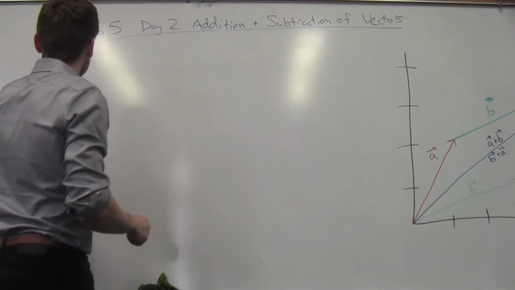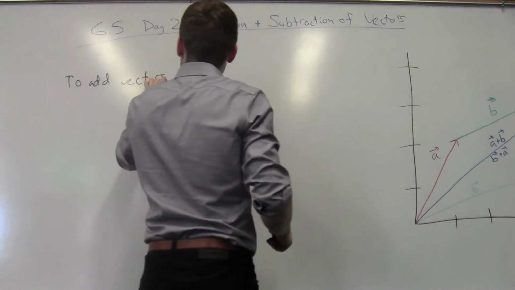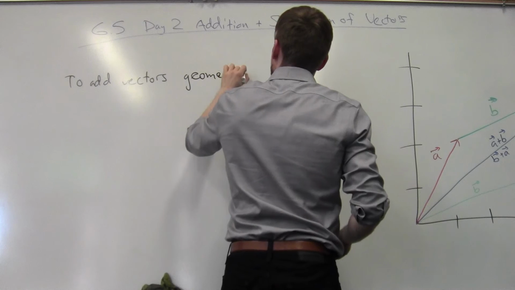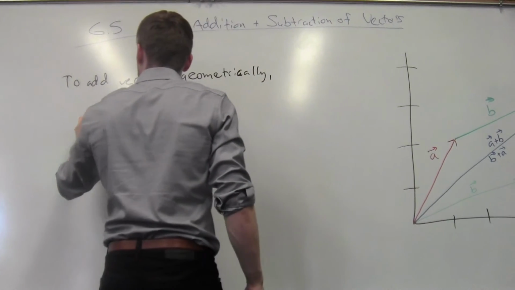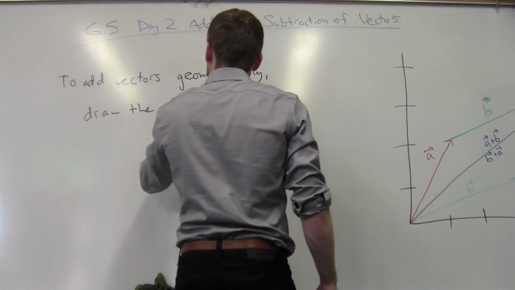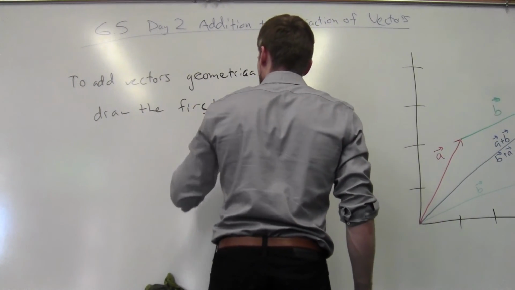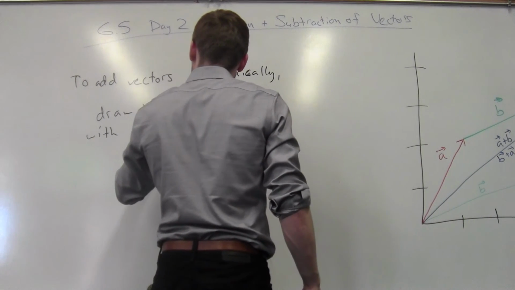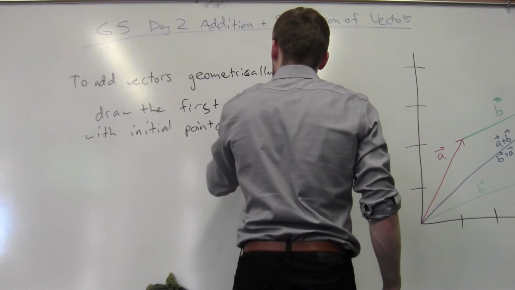So, to add vectors geometrically, draw the first vector with initial point at 0, 0.